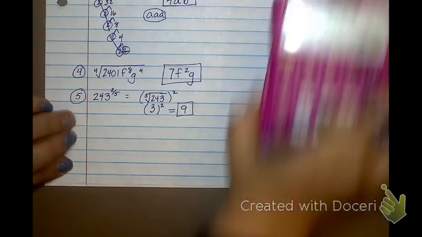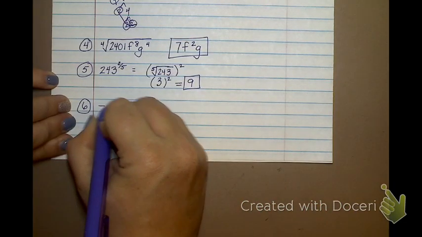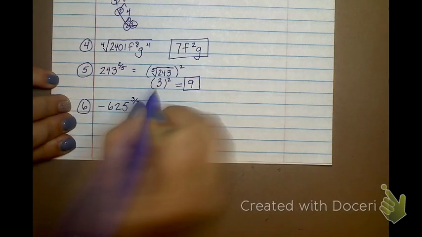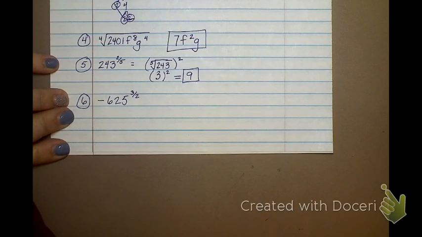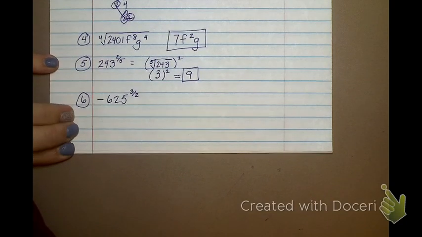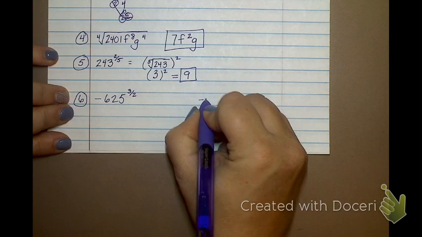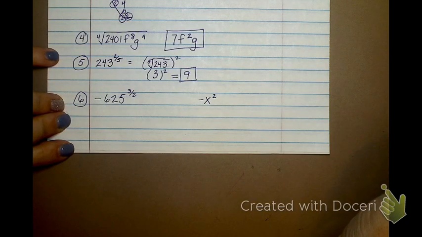Okay? All right, so let's look at number 6. Similar. So this is very similar to one that was on your quiz, yes? Okay? Now, if I have something like this, is that negative sign being squared, or is it just the x that's being squared? It's just the x.